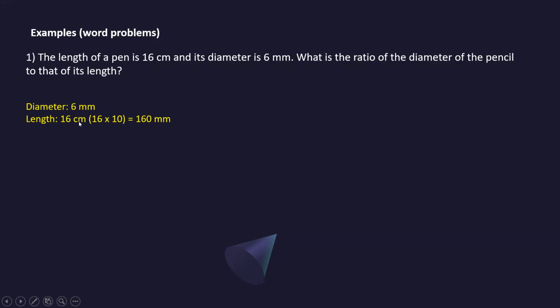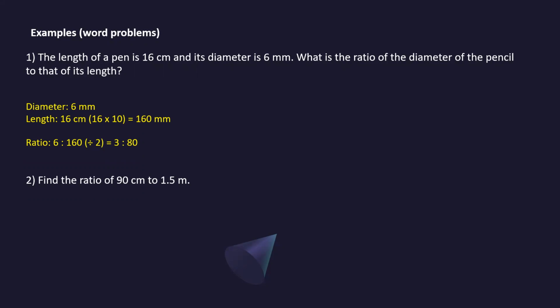You cannot find the ratio of two numbers having different units, so you need to convert them to the same unit and only then continue. So here I have converted it to 6 millimeter and 160 millimeter. Next, the ratio is 6 is to 160. We can divide that by 2 to get the simplest form, 3 is to 80.